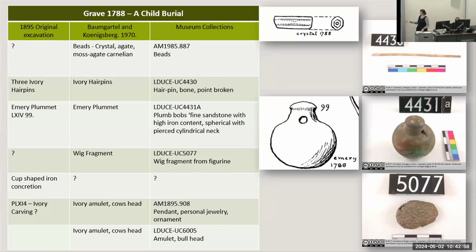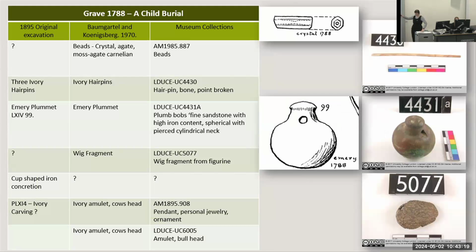So we're going to look at grave 1788. At Nakada, Petrie excavated this particular tomb. He recorded in his excavation report the following items: 3 ivory hairpins, an emery plummet, which who knows what that means, a cup-shaped iron concretion, and 1 ivory carving.